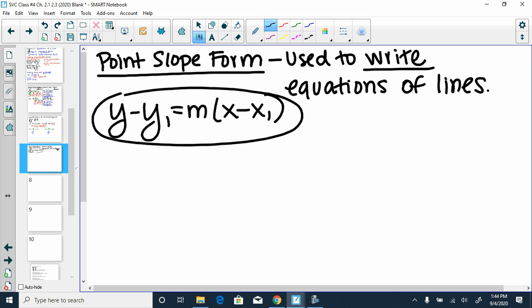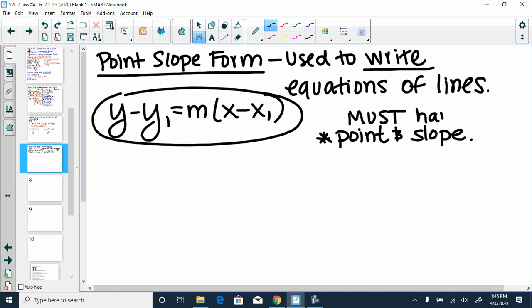In order to use this form, you must have a point and a slope. Okay? If you have a point and a slope, then you can write an equation of a line. Okay, so you have to have those two things in order to use this form.